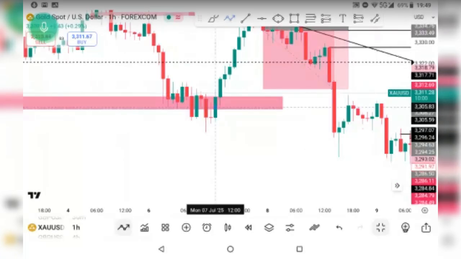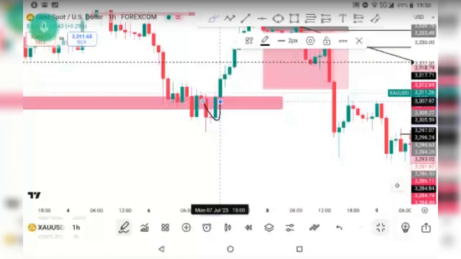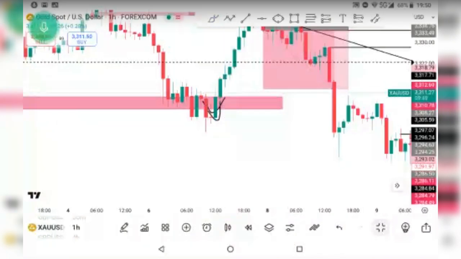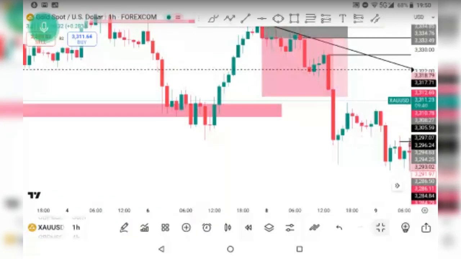And as you can see how the shape looks like, that is actually the morning star confirmation pattern. So at your point of interest, the moment the pattern forms, you can start taking your buy.